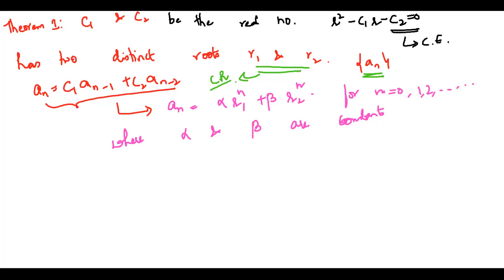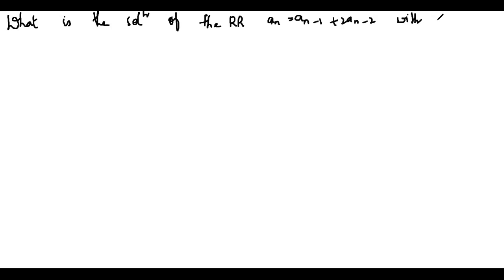The question is, what is the solution of the recurrence relation an is equal to an minus 1 plus 2an minus 2, with initial conditions a0 is equal to 2 and a1 is equal to 7.